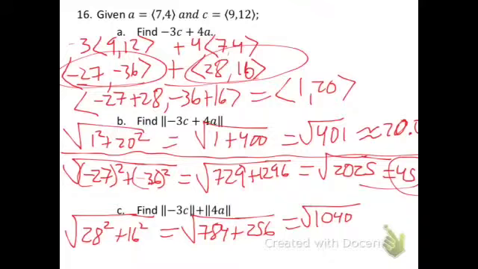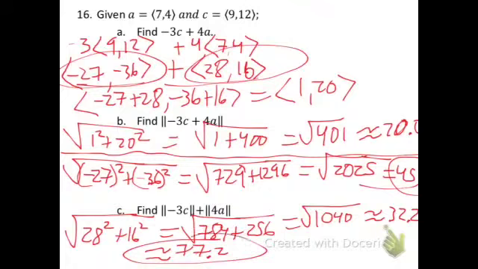If you take the square root of that, you're looking at approximately 32.2. And now to finally add them together, 45 plus 32.2 is about 77.2. So that's your final answer down there.